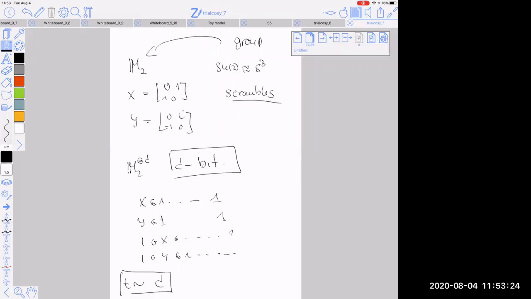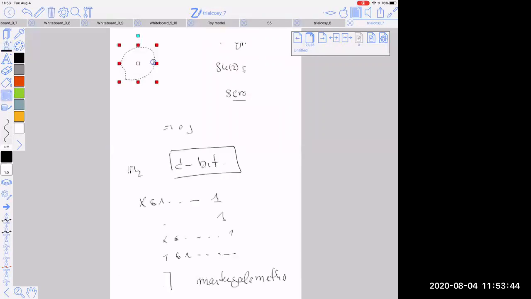We do this by some kind of inductive procedure. If you understand it for the 2 particles for 1 bit, then you can use a technique called the martingale method. This method allows you to deduce the result from this case to multi-dits.